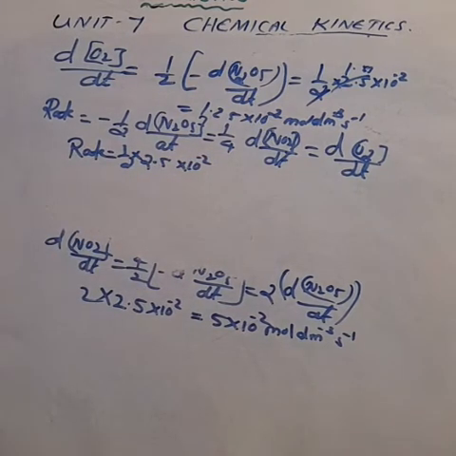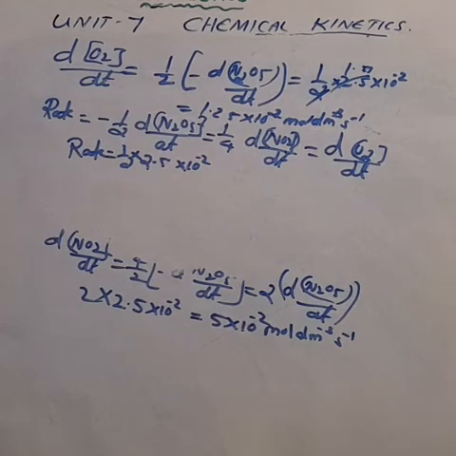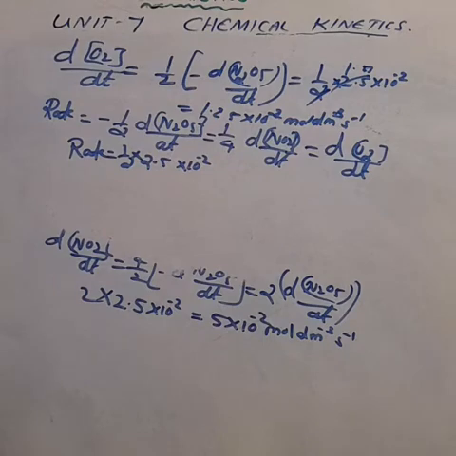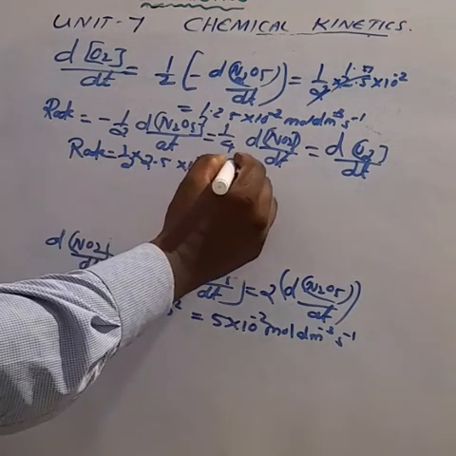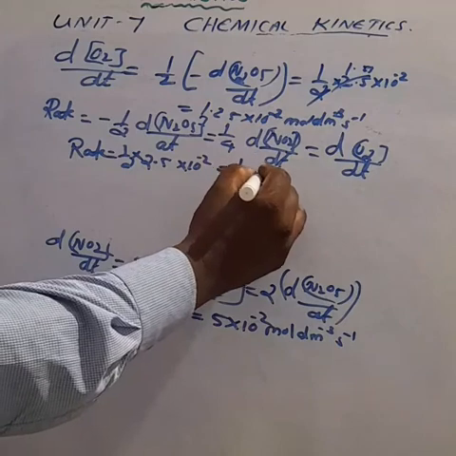That is equal to, for the first product, the NO2 value which we also found, 1 by 4 into 5 into 10 raised to minus 2.